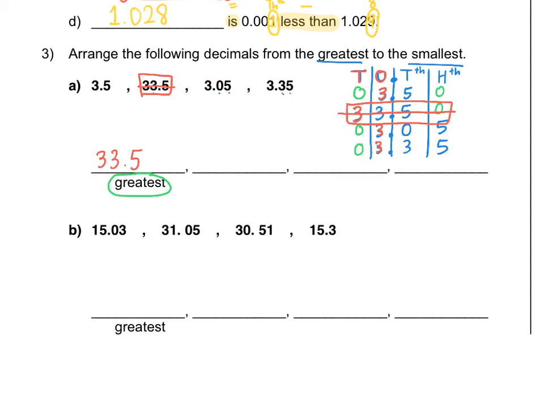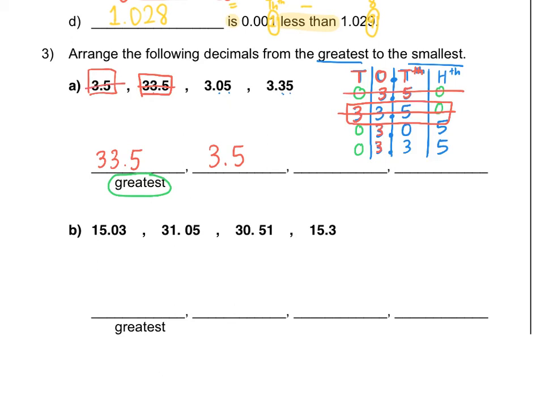So I go on to the tenths place. Which is the greatest number? Digit 5. So this is the second greatest number. So when I write the number, do I write 03.50? No, I just write what is given in the question, that is 3.5. So this is done.